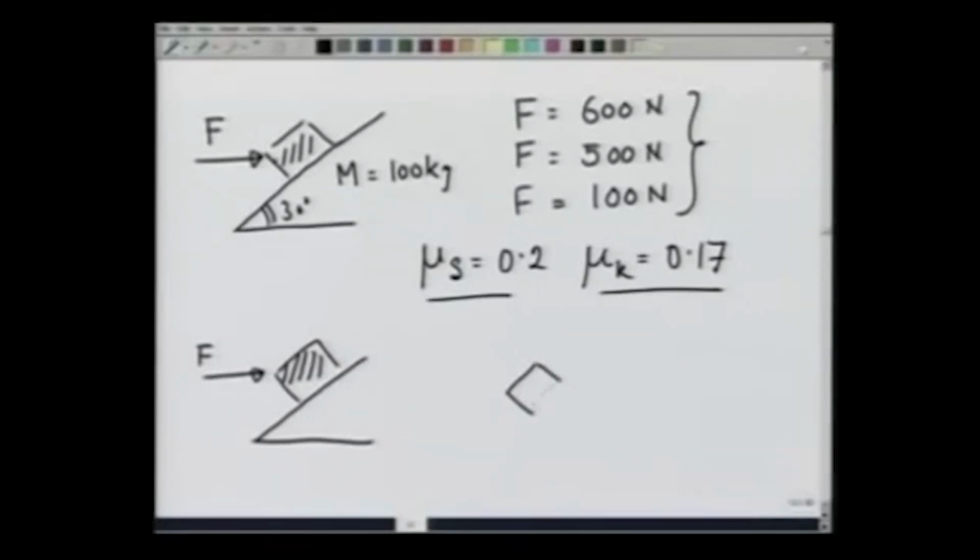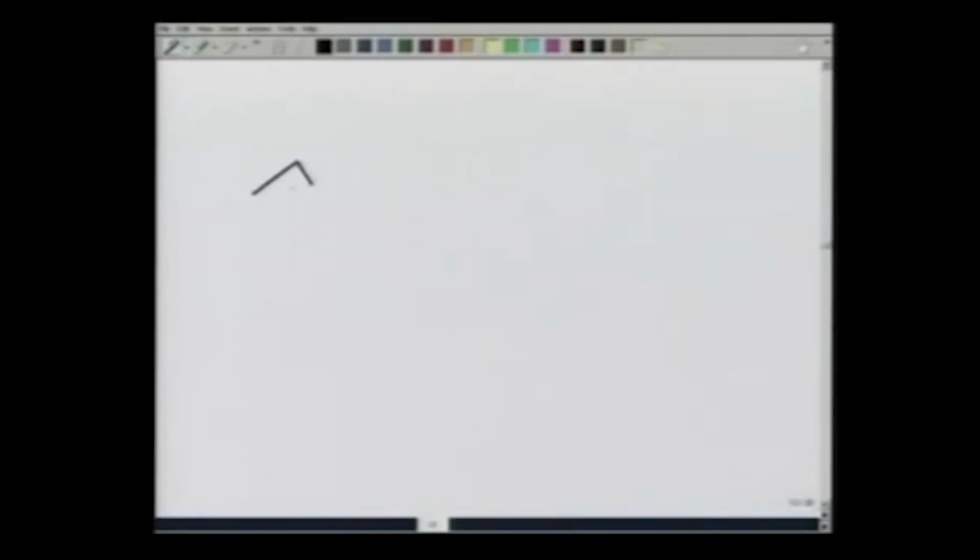Let us then proceed. If I make a free body diagram of the block, the force F is acting this way. There is mg, 100 g acting down and normal reaction N acting this way. Let me in this case take again the x axis to be in this direction and y axis in this direction.